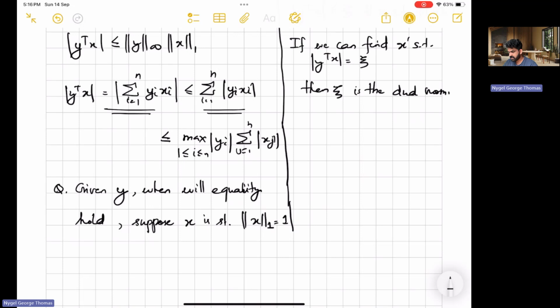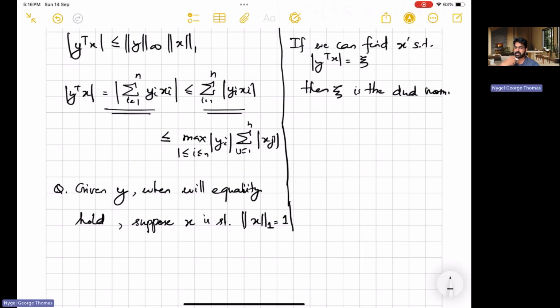The next condition is that we're taking out the maximum and summing over all xj. Given y, the max of y is also fixed. But when will both of them be equal? If the xi which we have corresponds to the i which has the maximum y.